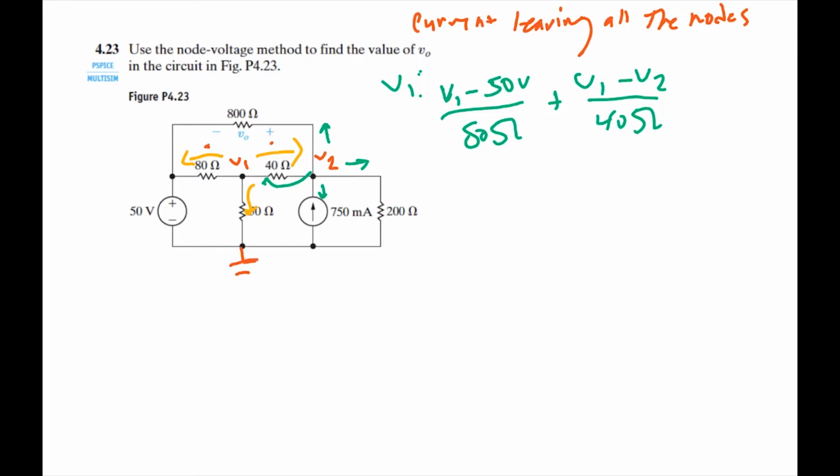And then the last current is V1 over 50 ohms, which is equal to 0.